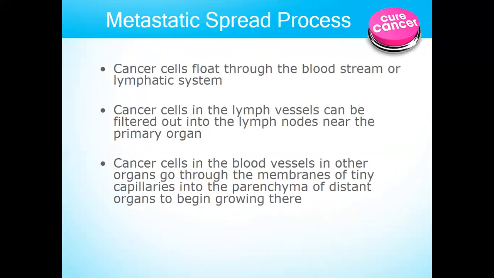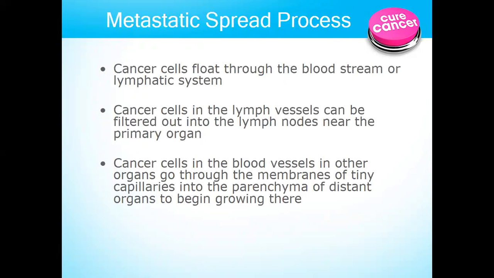Now, to further understand how the metastatic process works, cancer cells floating through the bloodstream or lymphatic system can be deposited in an organ away from the primary tumor site.